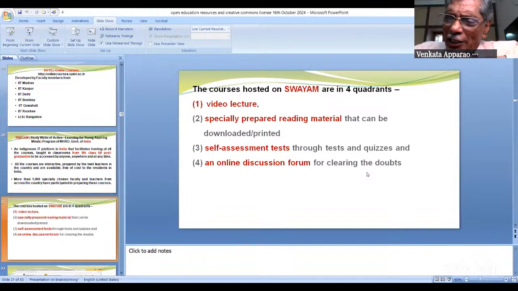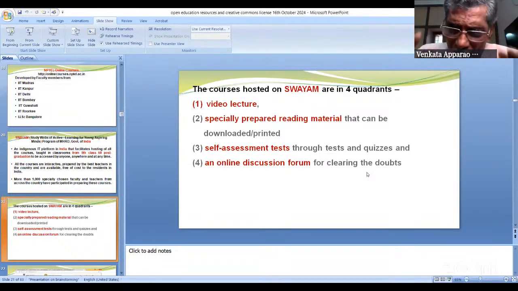As useful as any best learning management system available in the world, your Swayam courses are organized that way. They are organized in a 4 quadrants model. In the first quadrant, you have the video lecture by the creator of this online course, the video lecture for every topic.